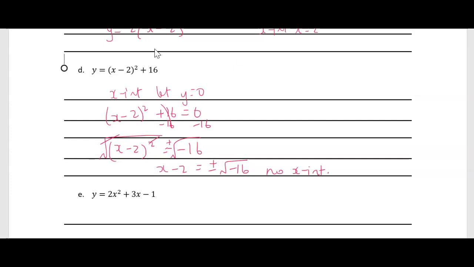Now I knew that from the very beginning, because this is a positive parabola. The value of a, or the number in front of the bracket, is positive. This plus 16 means it's been shifted up 16. So let's draw your basic parabola, x squared.